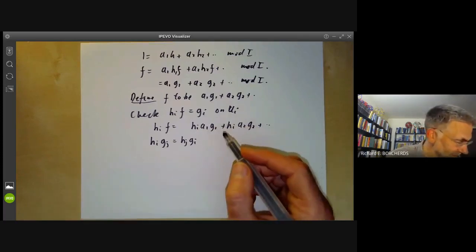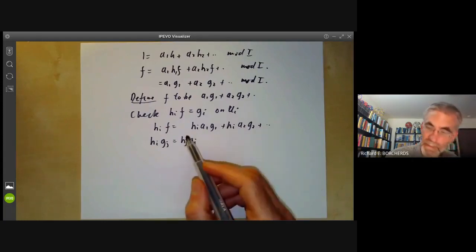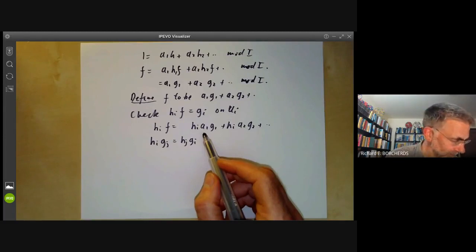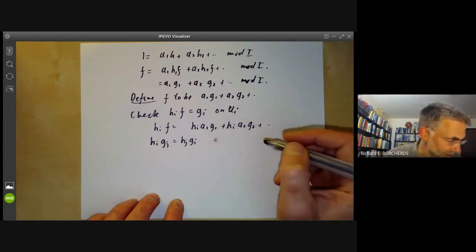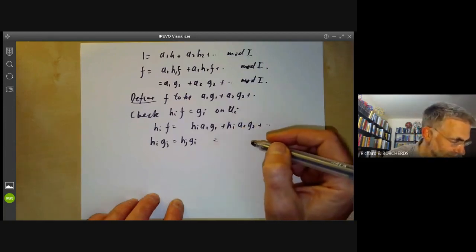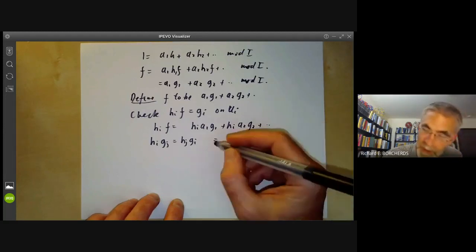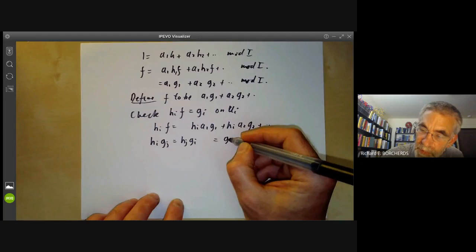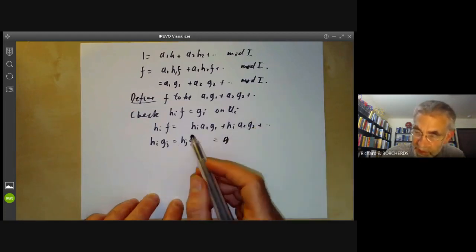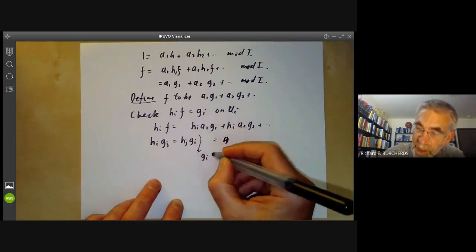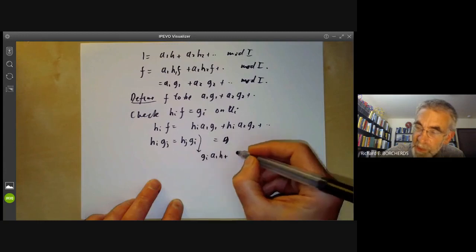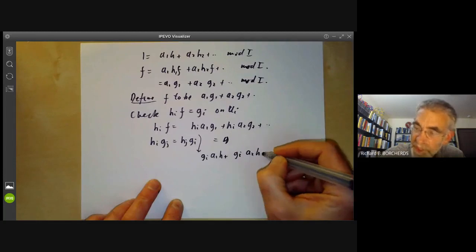Now we notice that this is equal to gi a1 h1 plus gi a2 h2 using this relation here.